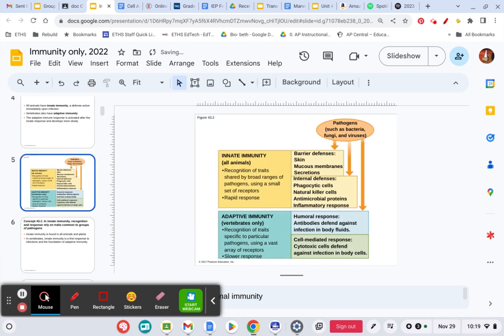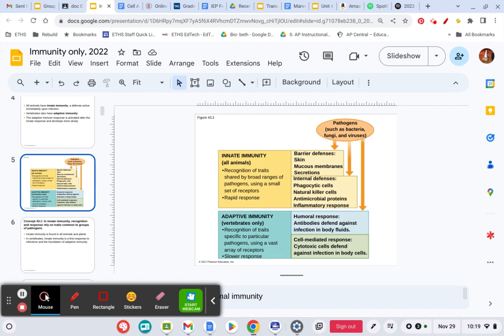Innate immunity is usually a very quick response, and it's usually recognition of generalized features that all pathogens have. All pathogens have a particular set of receptors on their cell membranes, and that is something an innate response can recognize.